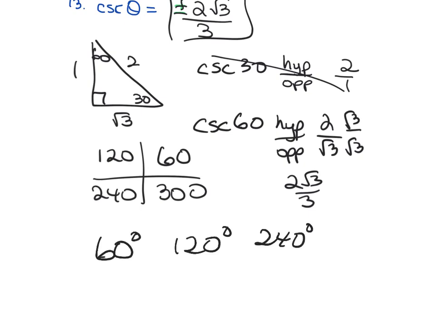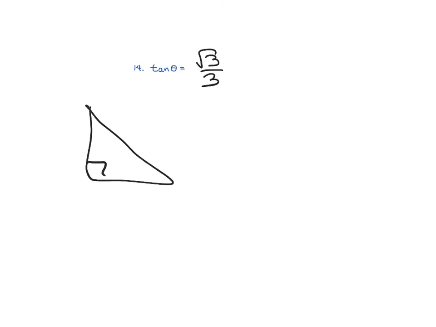If the numbers in the original question look familiar, it's tangent, and it's going to be root 3 over 3. So 30, 60, 90 again: 60, 30, root 3, 2, 1. Tangent is opposite over adjacent.